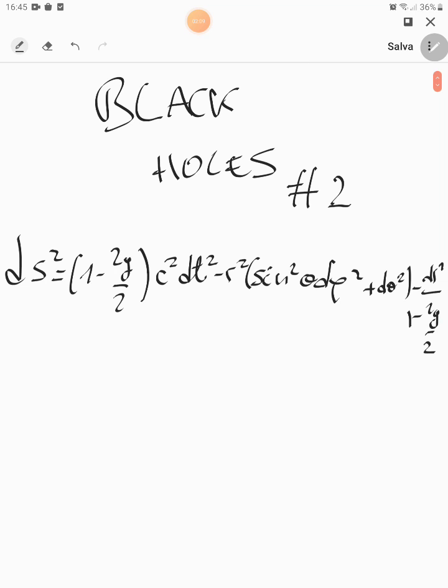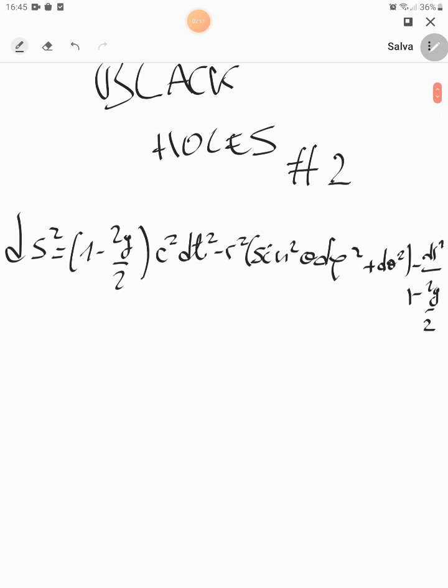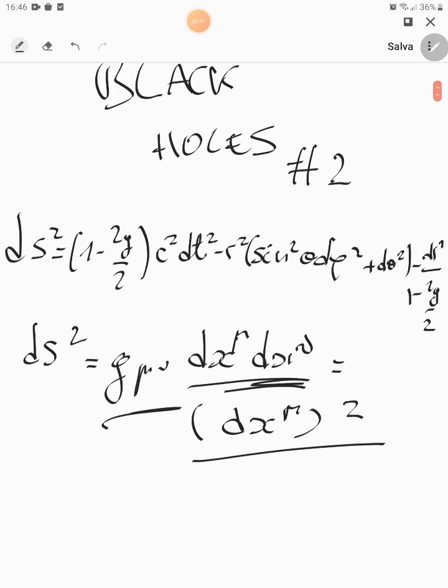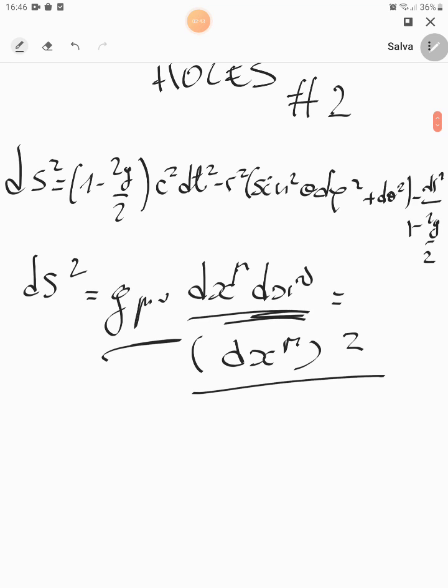Okay, we have this metric. I remind you that we need a metric to describe our space. ds² is equal to g_μν dx^μ dx^ν, and g_μν is a tensor called the metric tensor.